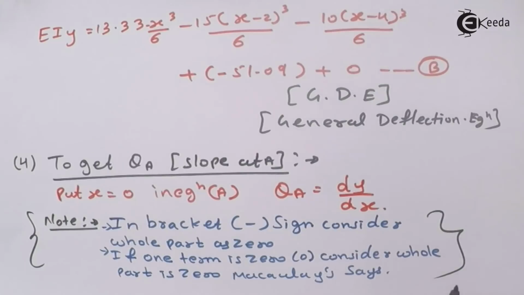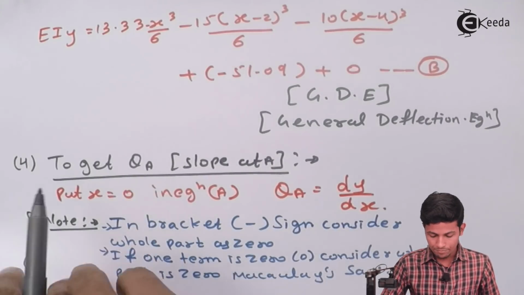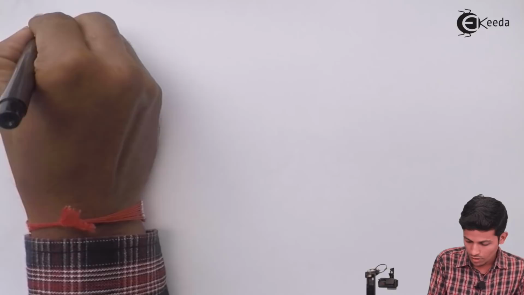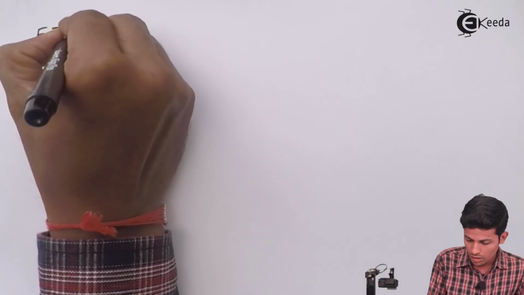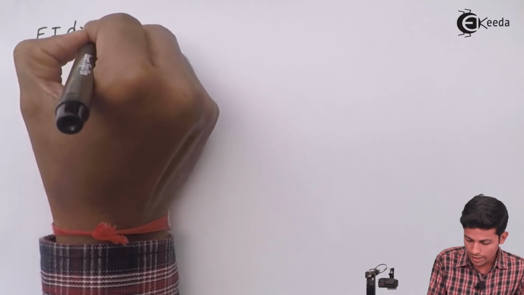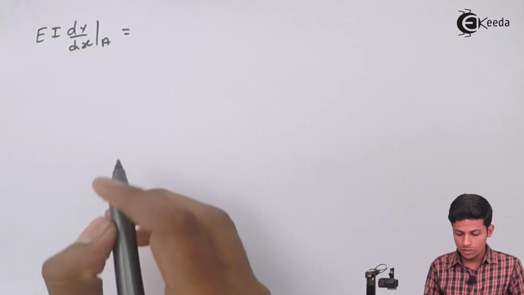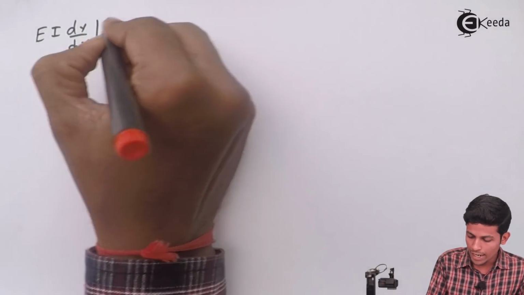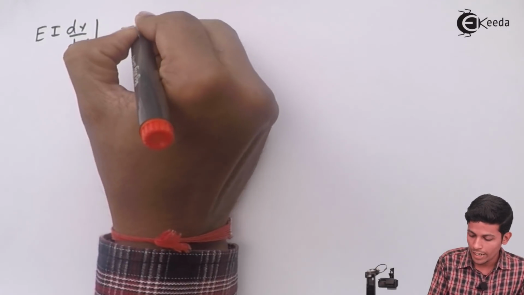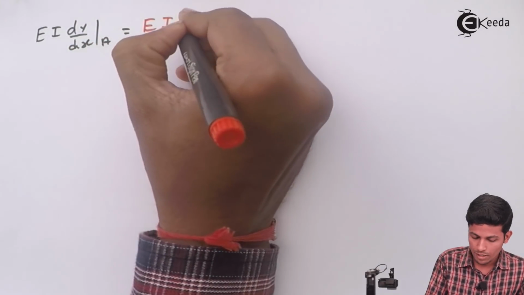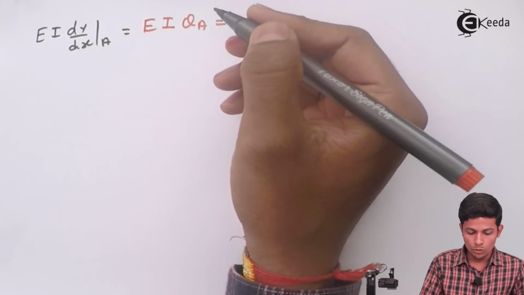Now we have to apply this in equation A. EI dy by dx at A is nothing but EI theta A, which is equal to C plus the other terms, with x equal to 0.